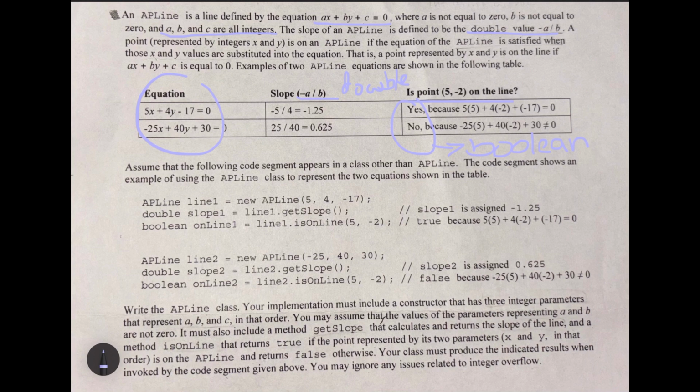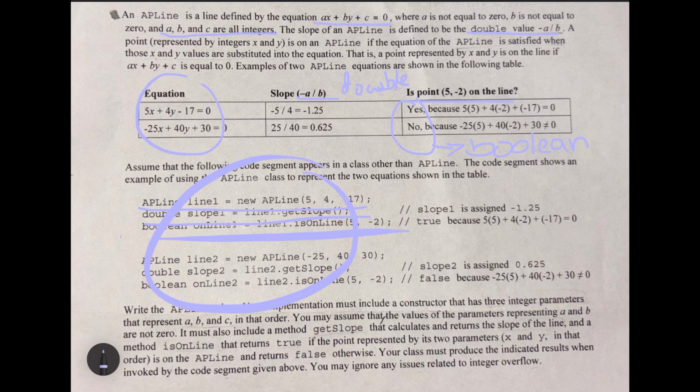Assume that the following code segments appear in a class other than APLine. The code segment shows an example of using the APLine class to represent the two equations shown in the table. So this is all showing us different examples of how this works.